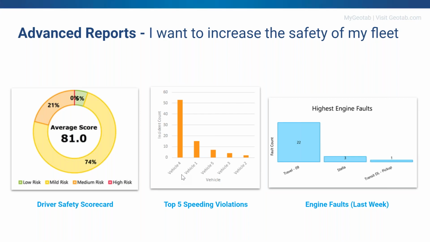We have reports such as our very popular safety scorecard and our top 5 speeding violations that will give you information based on aggressive driving, but the way they populate the data is from different angles. So now the question is, how fast do you want to drive change on this behavior, and is this a gradual or radical change?